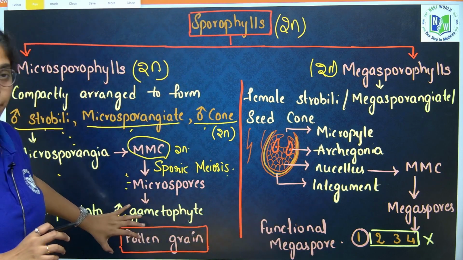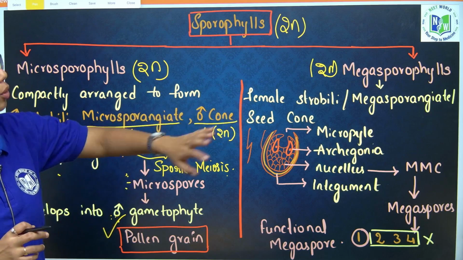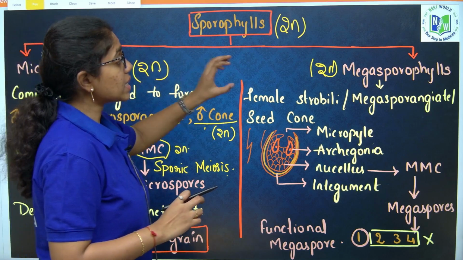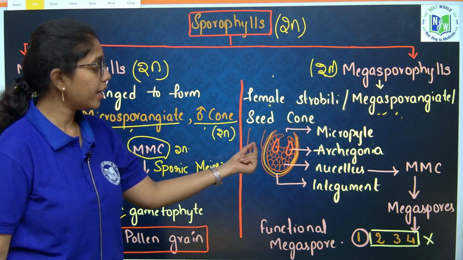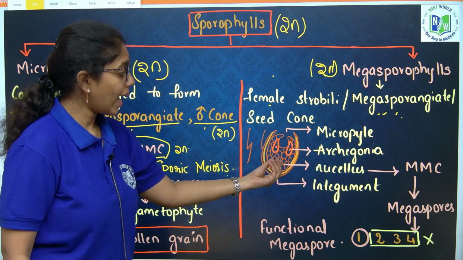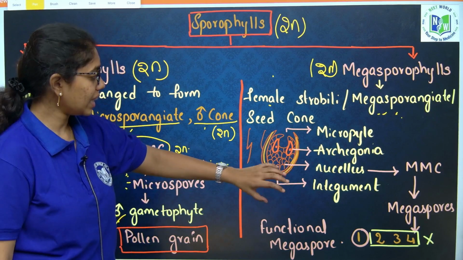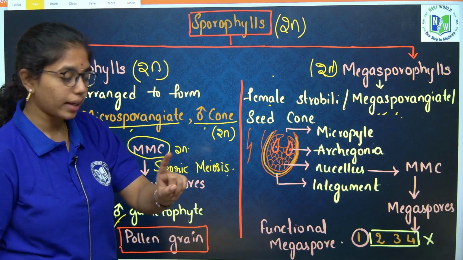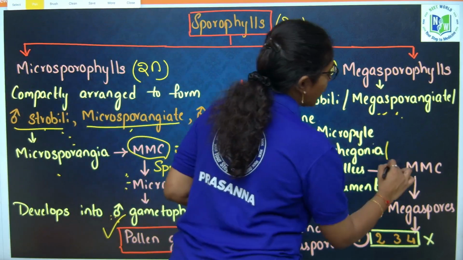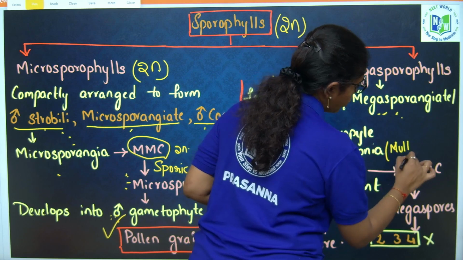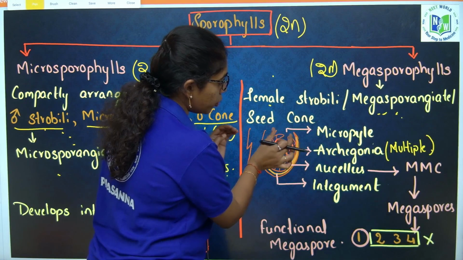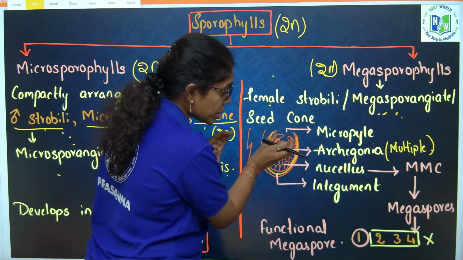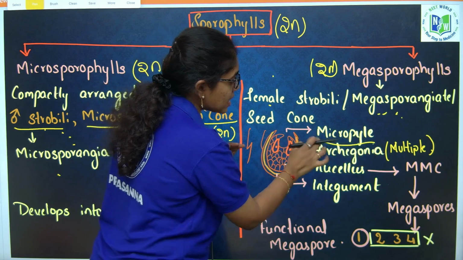This is about microsporangiate. If you look into megasporophylls, this consists of female strobili, the megasporangiate or seed cone, in which they have multiple archegonia. They can have multiple archegonia, 2 to 3 archegonia. And the topmost position through which the pollen grain reaches this cone is called the micropyle.